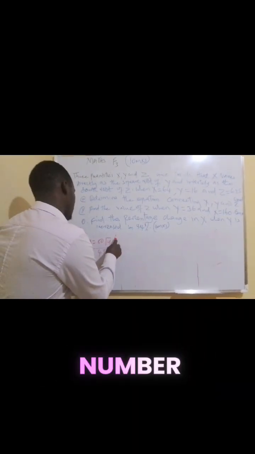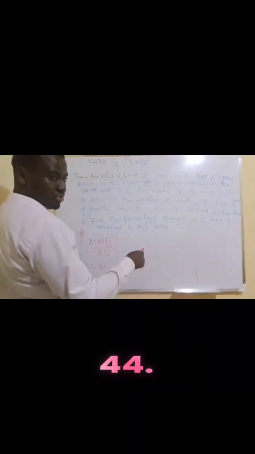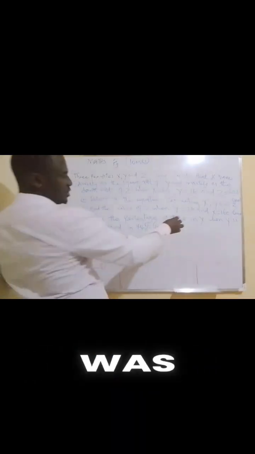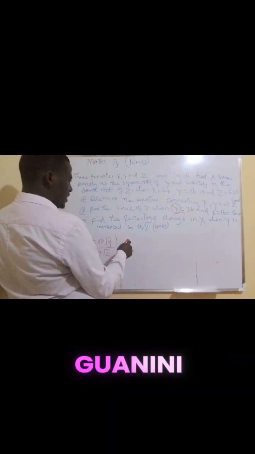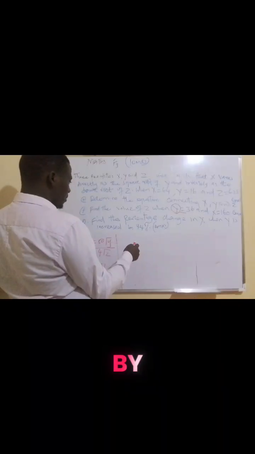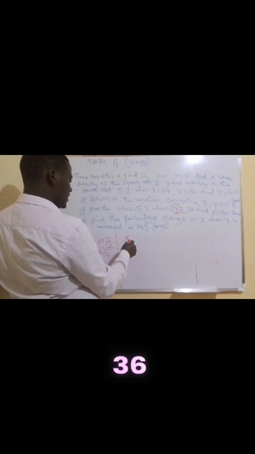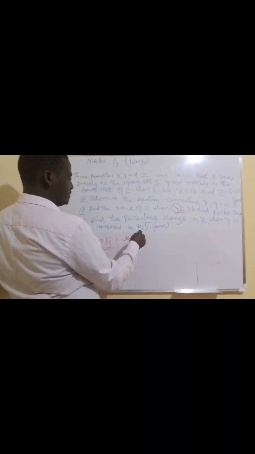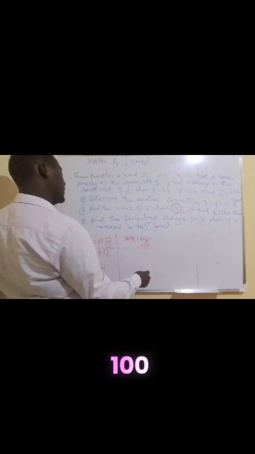Next, number 1C. Find the percentage change in x when y is increased by 44%. When you increase y by 44%, it means the previous value of y was 36, so we increase that by 44%. That is 36 times 144 over 100.